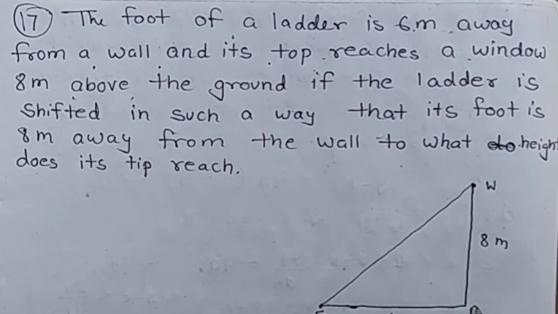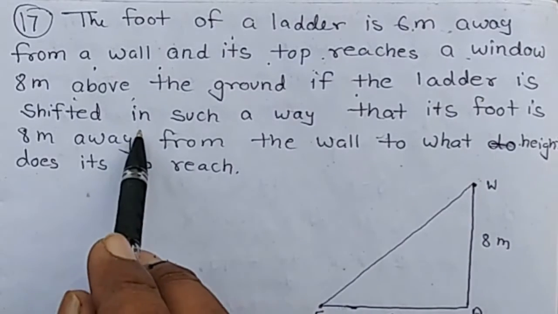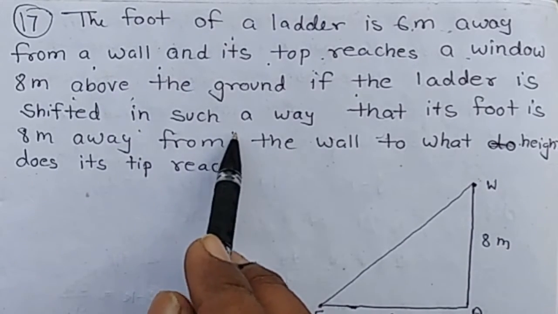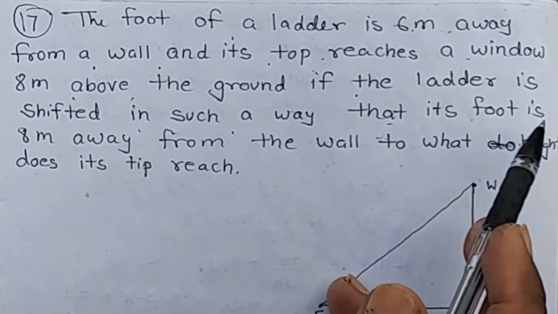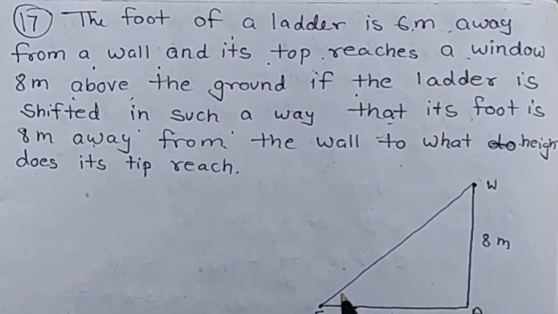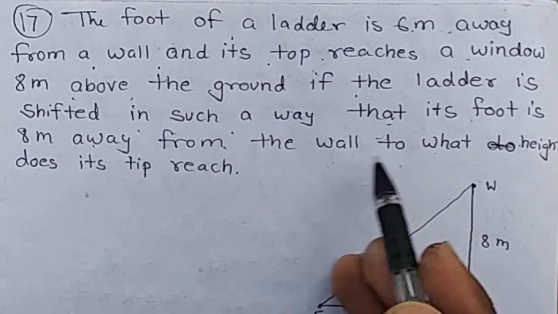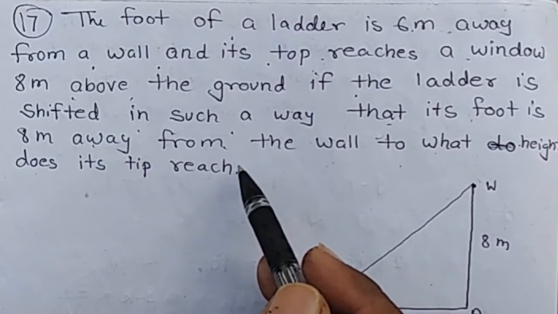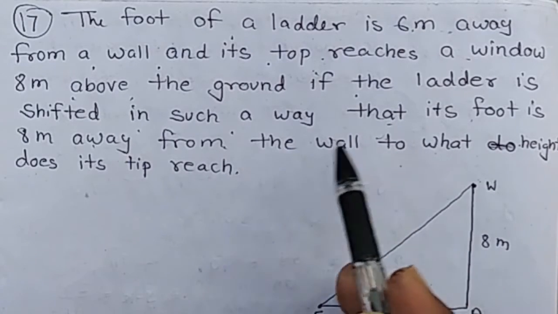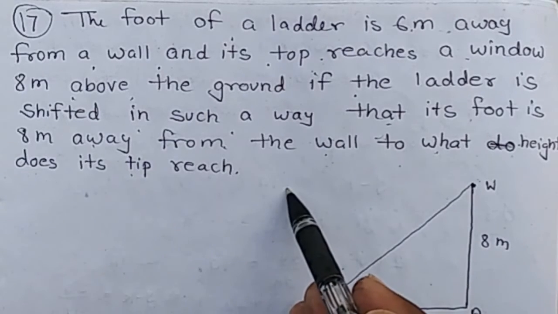Let it be point A. If the ladder is shifted in such a way that its foot is 8 meters away from the wall, to what height does its tip reach?